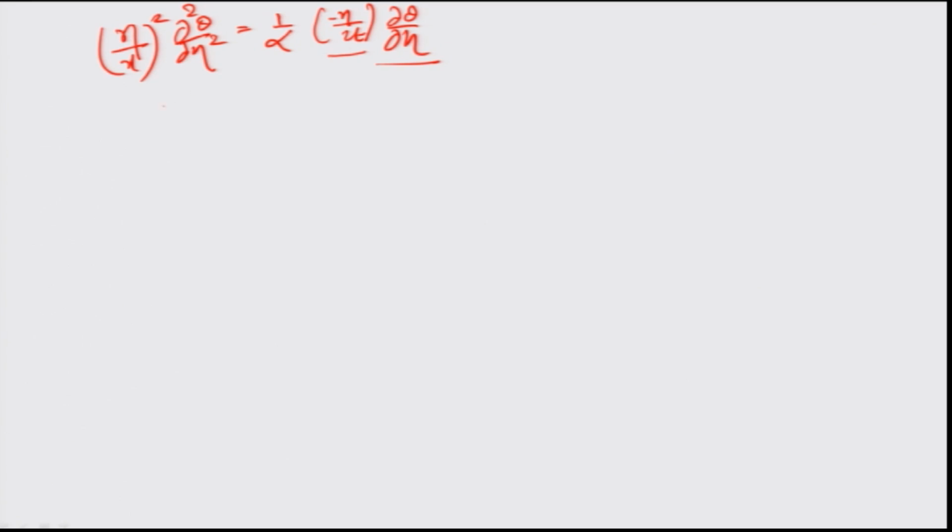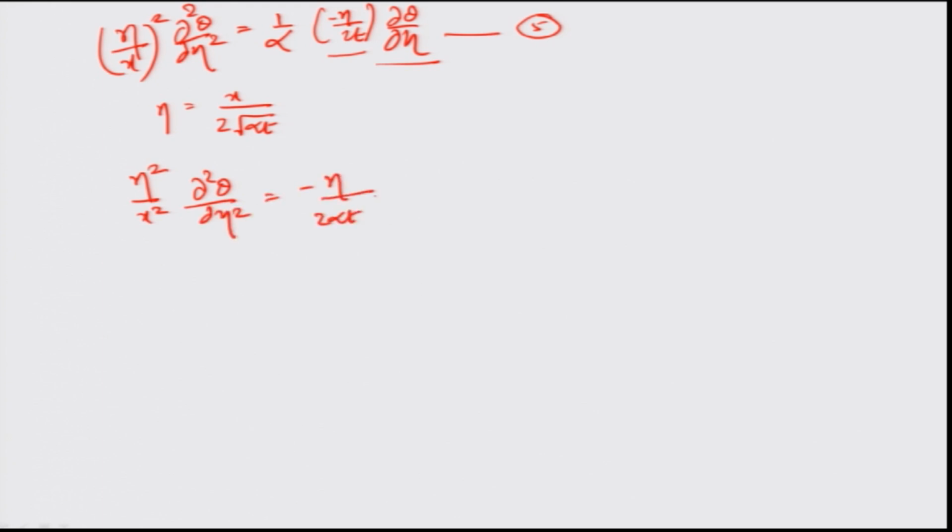What we can do then is we can try to see what eta was. So eta was estimated from the term x by twice root of alpha t, and if I just wanted to solve this equation that I formulated, let us call it equation 5 here, which is square of eta by square of x del 2 theta by del eta 2 becomes equal to minus eta by twice alpha t times del theta by del eta.